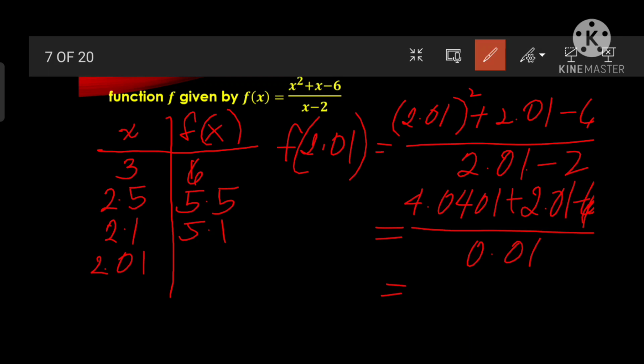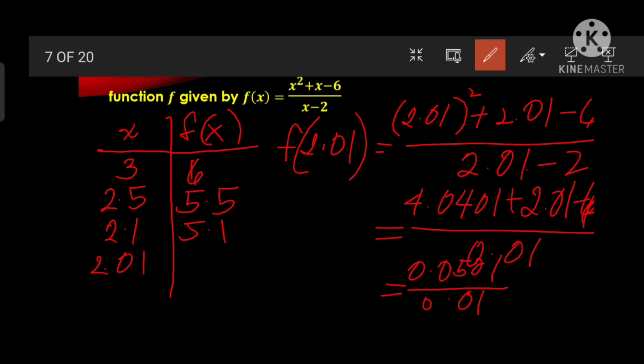Then let's simplify the numerator. 4.0401 plus 2.01 minus 6, we have 0.0501 over 0.01.